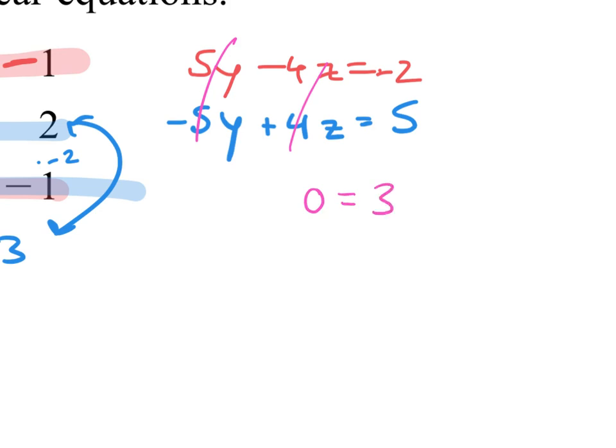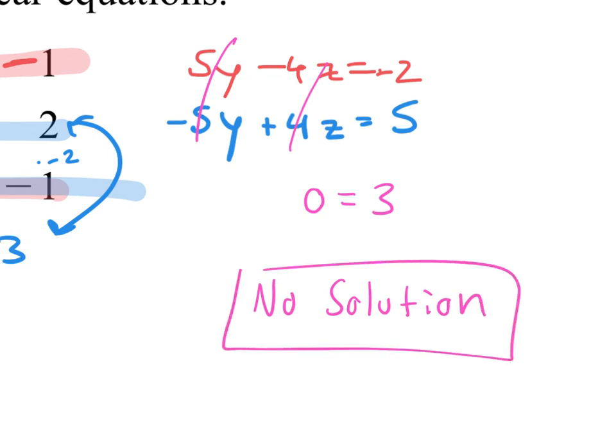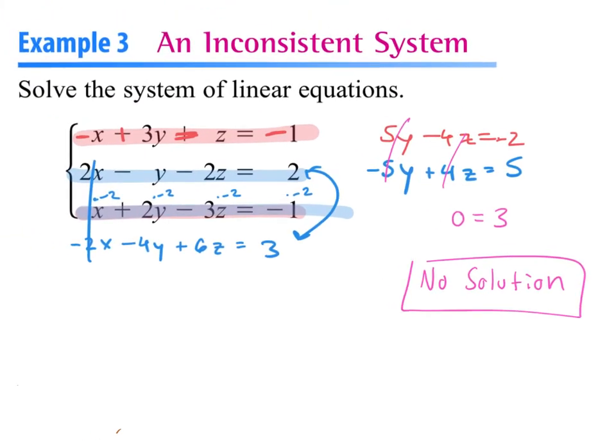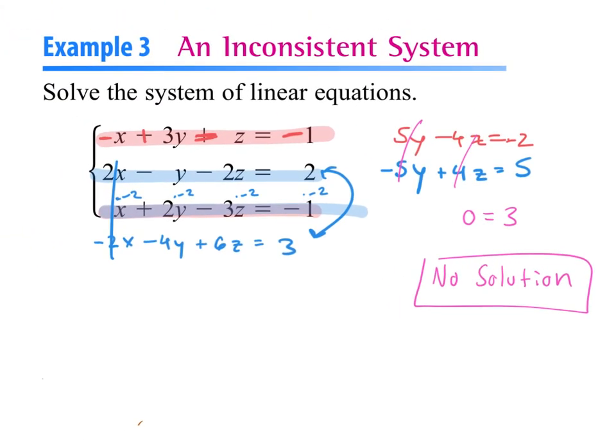Does 0 equal 3? Nope, so no solution. So if you get everything to cancel and you're just left with 0 is equal to some number, it's no solution. If you have 0 is equal to 0, then it would be what? Infinitely many solutions.